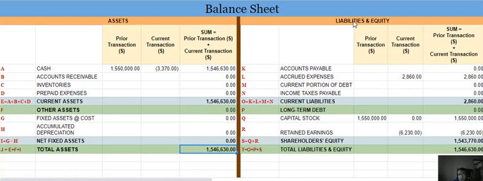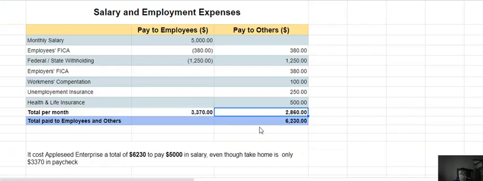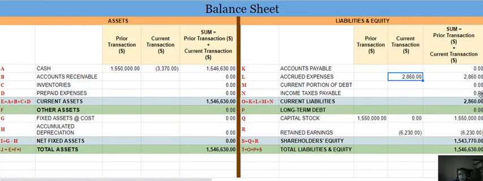Now let's go to the liabilities and equity section. Here you can see this is accrued expense. I have added $2,860, which is the amount that Apple Seed Enterprise needs to pay to the government, insurance company, and other agencies. So I've added that over here, and my current liability is $2,860.